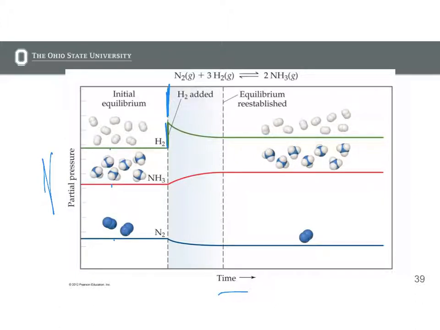When we regain equilibrium, if you compare the concentration or partial pressure of ammonia at the new equilibrium compared to the original equilibrium, you'll see that there's more ammonia present. And there's actually less nitrogen than our initial equilibrium. Why is that?